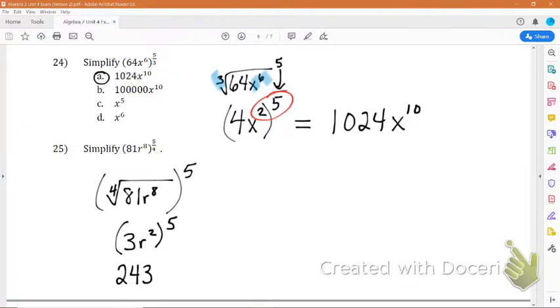Okay. And then for my r's, I need to take 2 times 5. I have 5 groups of 2, which gives me 10. 243 r to the 10th power. Don't be alarmed on your test tomorrow if you get a large number for the last question. It's okay.